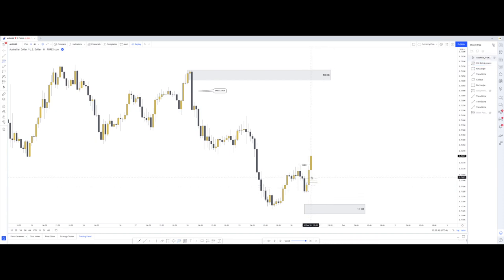Now, there wouldn't be an imbalance if this wick right here was able to trade down far enough and connect with this or go past it, but that's not what happened. There was a gap in price, so only buyers were in control, right? There's a gap in price, there's no equilibrium, there's no balance between buyers and sellers, creating an imbalance, all right? Let's put our order block back there.